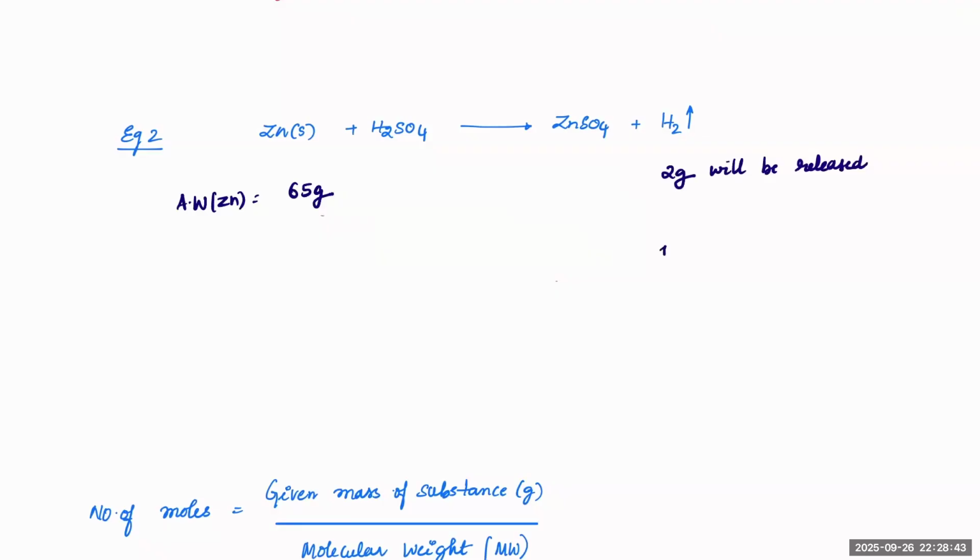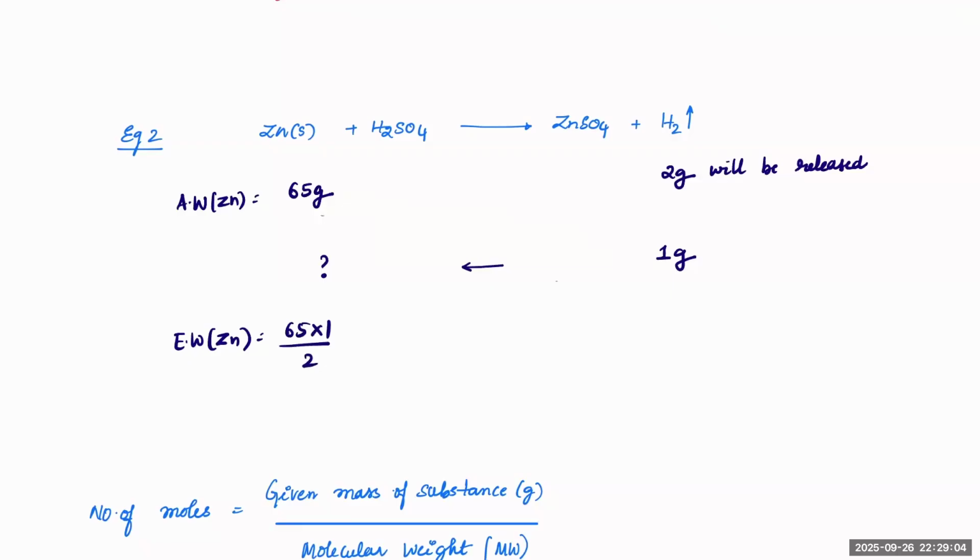And as per the definition, I need to check for 1 gram. So for 1 gram of hydrogen, how much zinc is being used? Therefore, the equivalent weight of zinc will be 65 into 1 divided by 2.